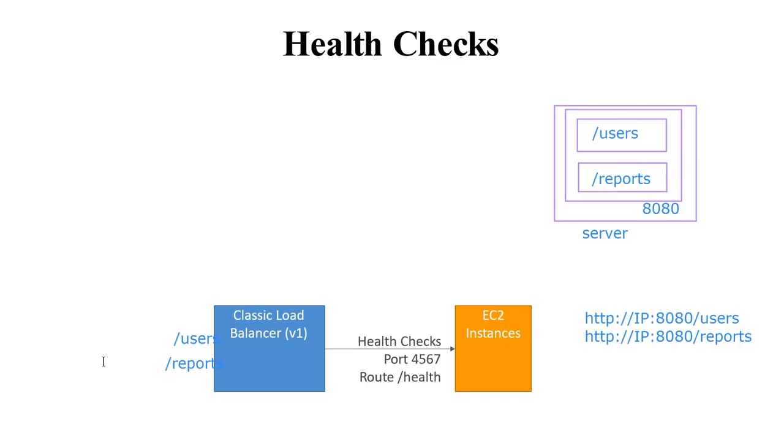So we can use one load balancer, and on the basis of the listeners receiving path-based requests, we can map that if users is received it goes to these instances, and if reports is received it goes to another group of EC2 instances where the reports application is running. That we can manage with the load balancer. So route-based defining of rules, as well as route or path-based health configurations, is also important. Before routing, health checks should be done, right?